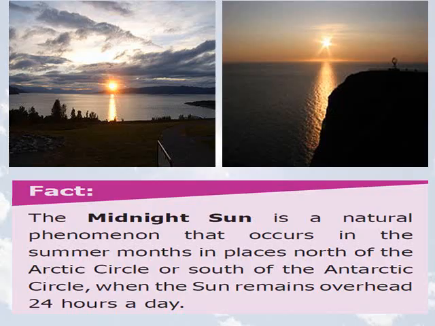So on the northern side of the Arctic Circle, you can find the midnight sun, as well as on the southern side of the Antarctic Circle, when the sun remains overhead 24 hours a day. You can see the sun 24 hours a day. That is called a midnight sun.